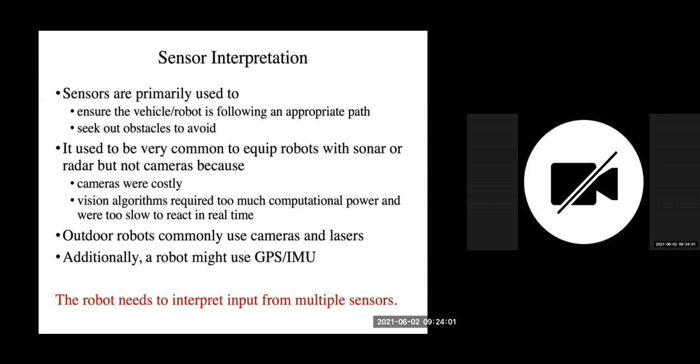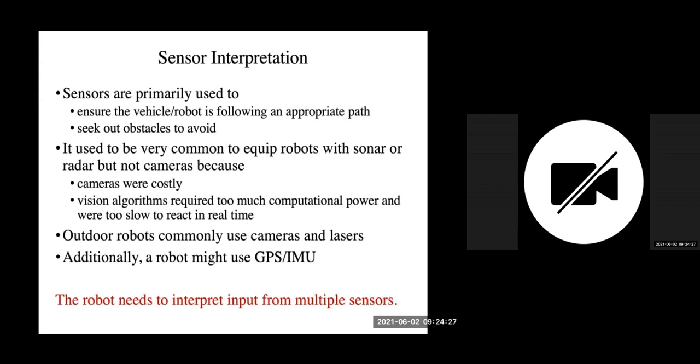Image data are really more complex and not easy to process. Now, a lot of robots use cameras because computational power has become more available, and also a lot of computer vision and deep learning algorithms have been used to make this feasible.